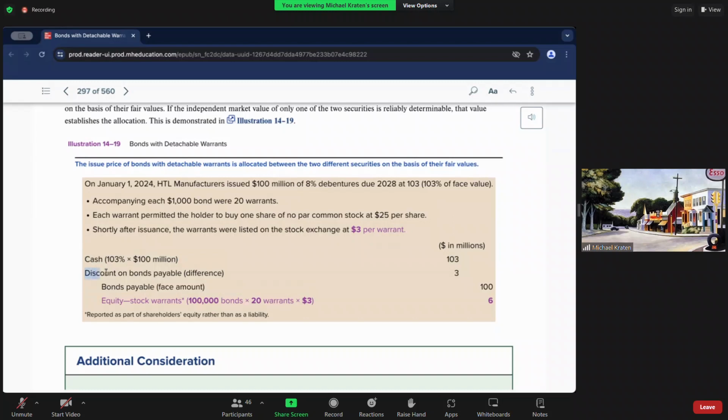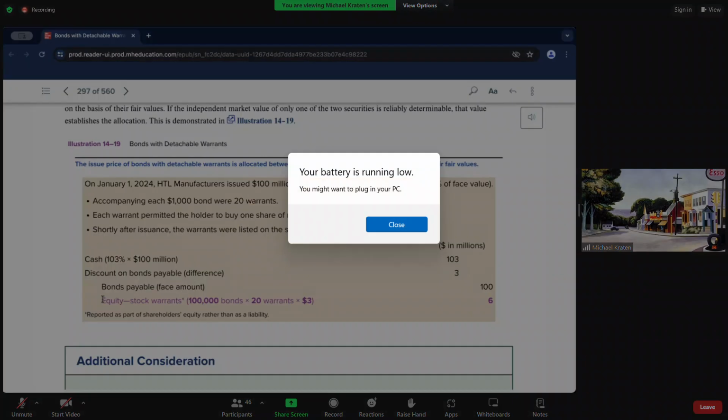Same as last time. It's just that last time we said, well, if I am getting $103, then the market value of the debt, the present value, must be 103, and I credited payable for 103.